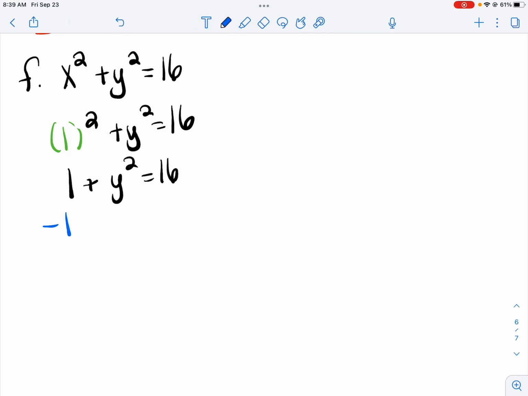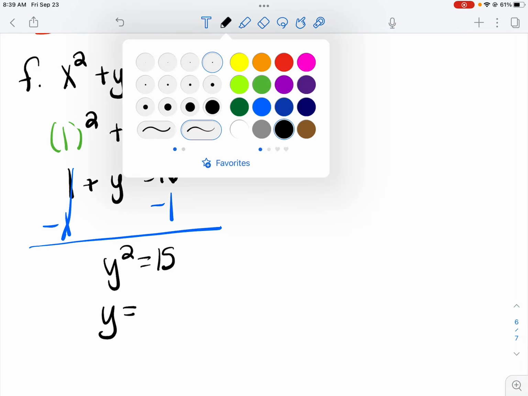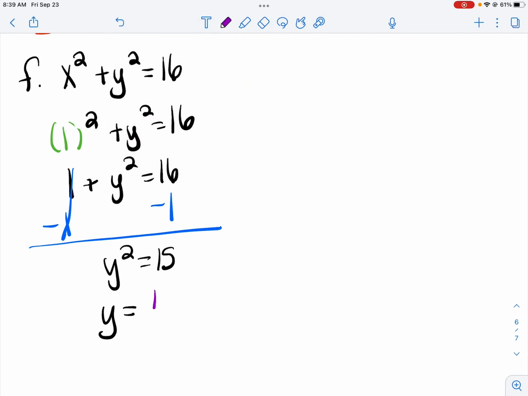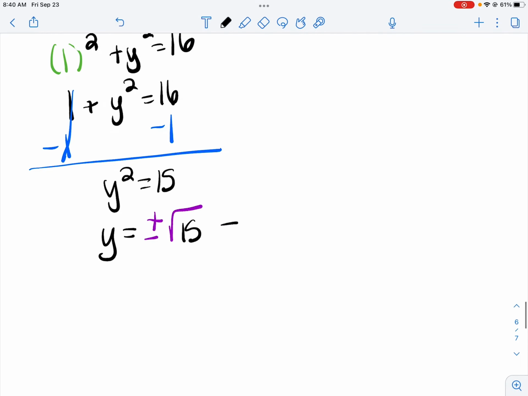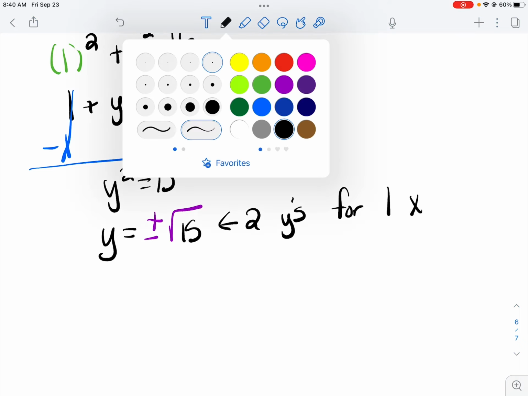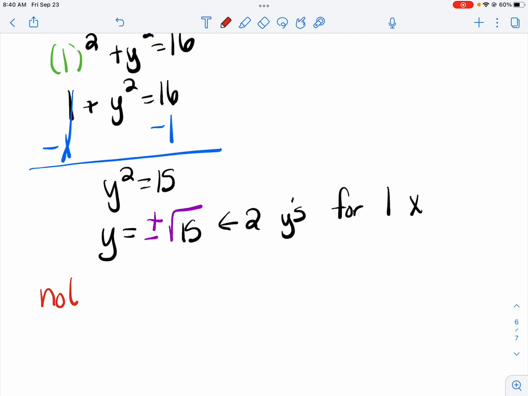Subtract the 1 from both sides. And we get that y squared is 15. Use the square root property, so the squared goes away on the left side. On the right side, don't forget your plus or minus, and the square root of 15 doesn't simplify. So notice here there are 2 y's for 1 x. And so this one is not a function.